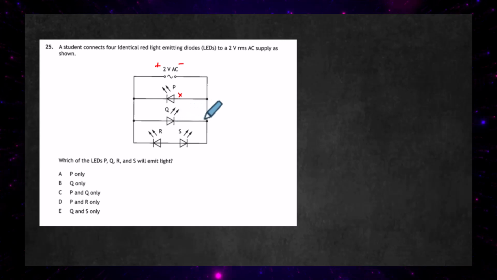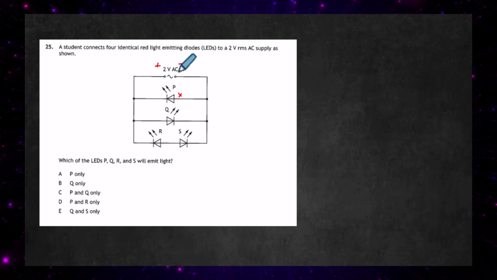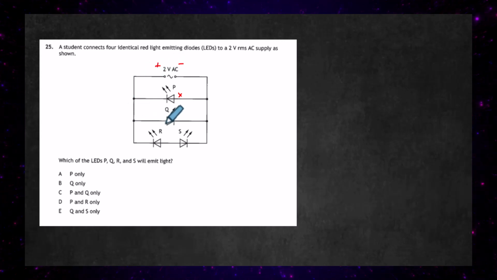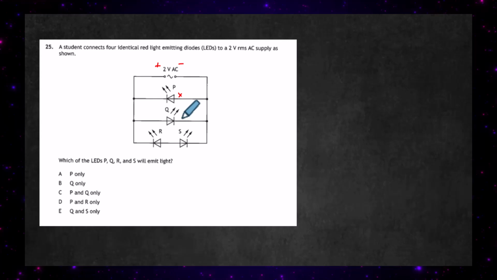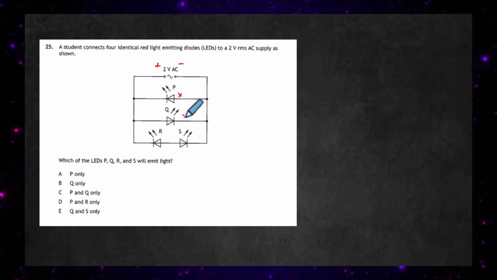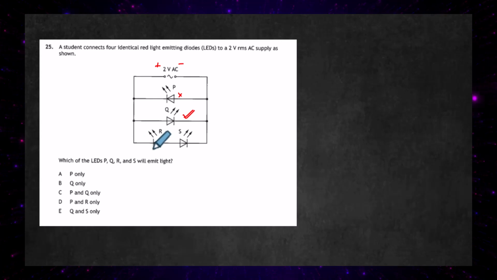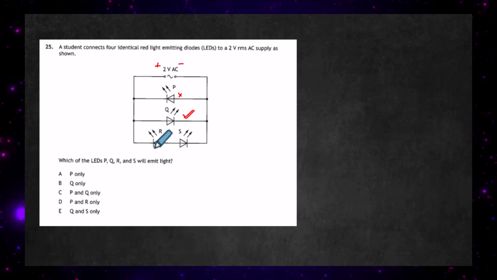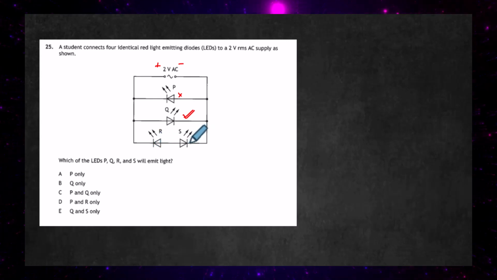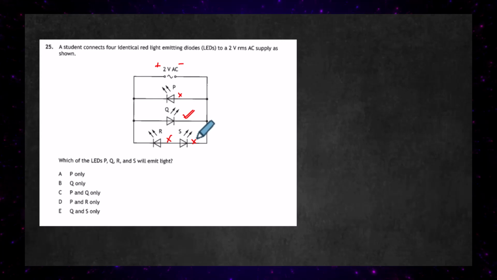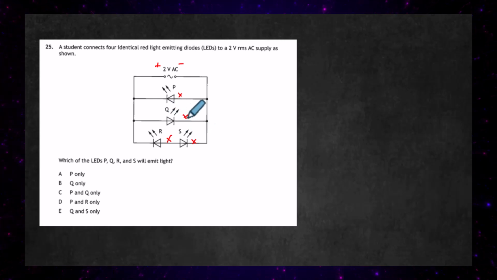The negative part of the LED is connected to the negative side, and the positive side on this cycle is connected to the proper part going through the triangle, so this one will light. Now this one here, the positive side is connected to the bar of the LED, so it's not going to light, and because it's not going to light, it will block any electricity going through this branch, so effectively R and S will be off on that half cycle. So we've only got Q lighting up there.